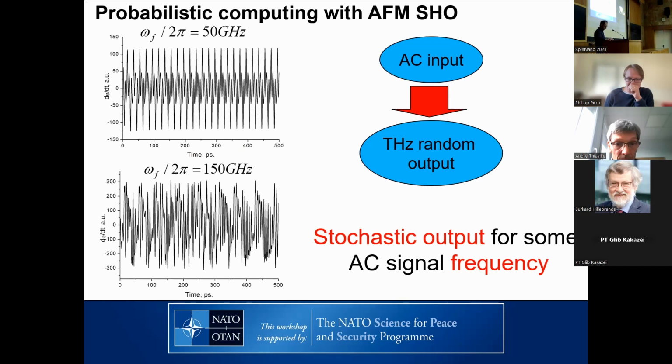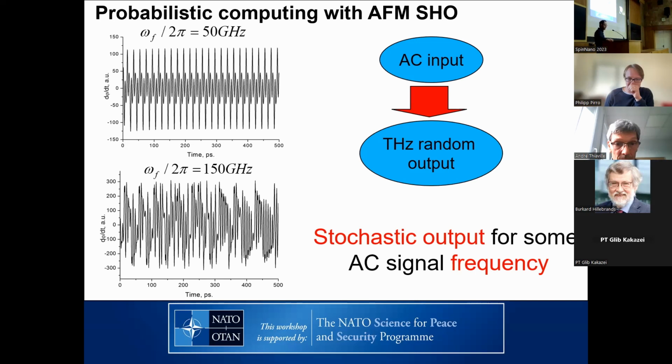This way, you can consider it like a random amplitude modulator. We apply some sinusoidal signal at the input, and as a result, we have an output signal with randomly modulated amplitude and close to the input frequency.